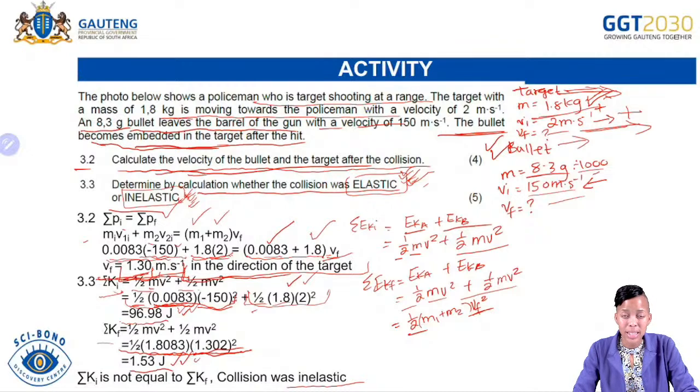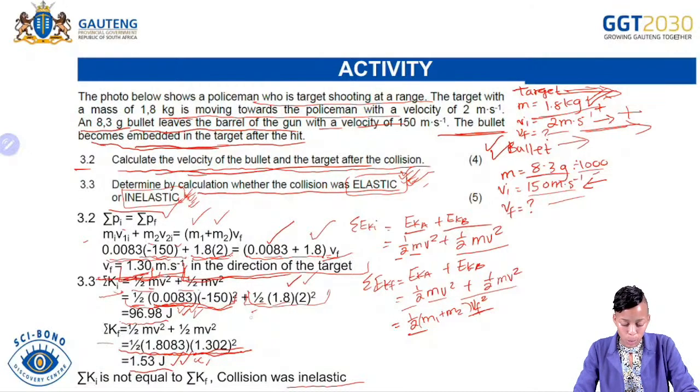So remember we said that if the two answers are not the same, then the collision is inelastic. But if the two answers are the same, then we have an elastic collision. So if the two answers were the same, you would say the sum of the kinetic energy before or initial is equal to the sum of the kinetic energy final or after. Therefore the collision was elastic.